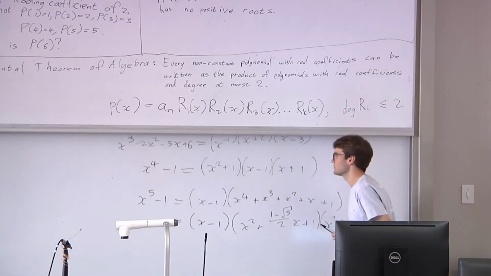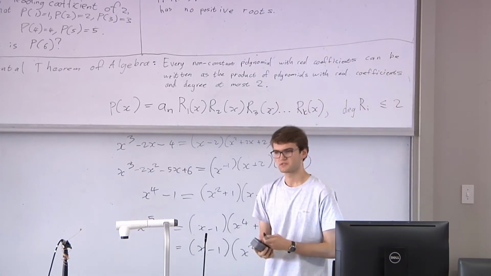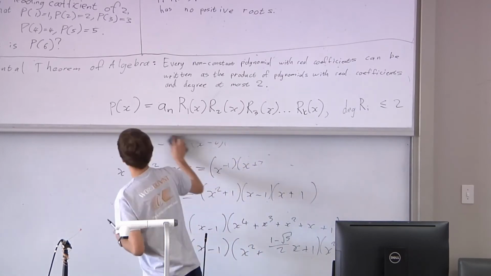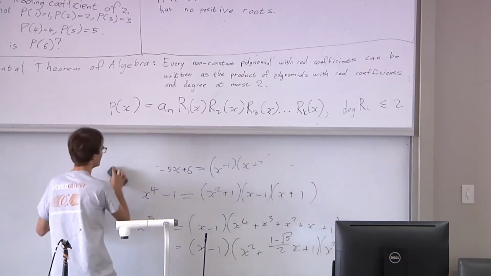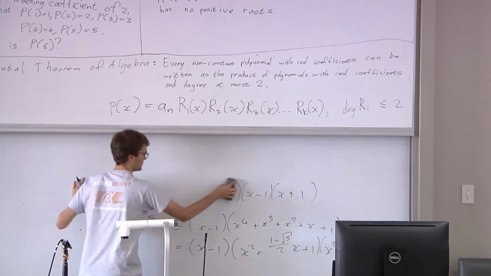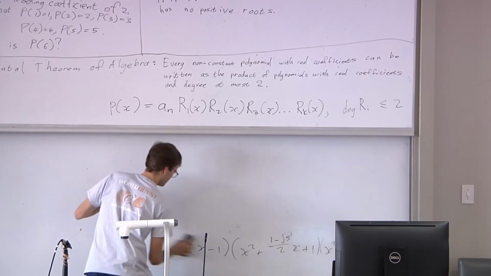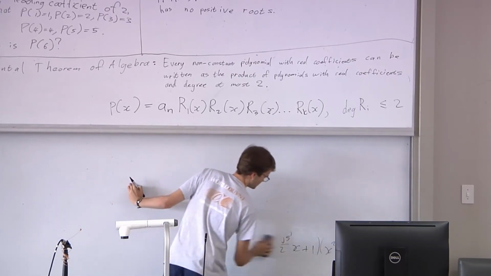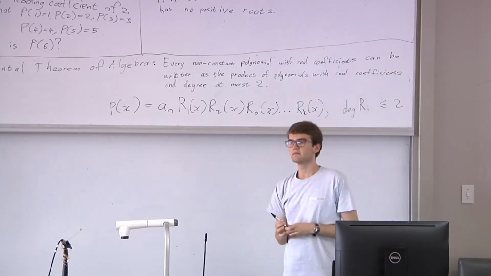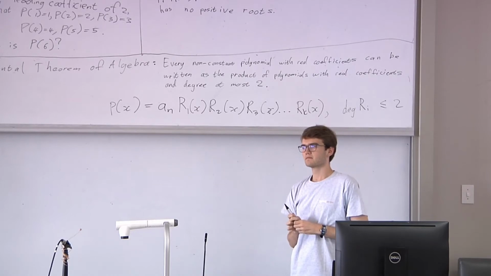Next up, we can use the fundamental theorem of algebra to help us find the roots of polynomials. It's basically saying polynomials can be written as a product of their quadratic and linear factors.